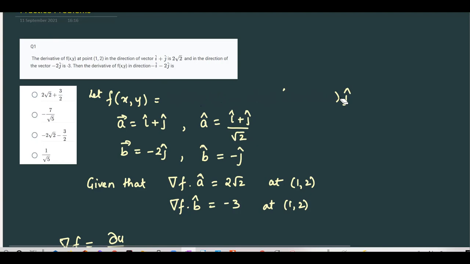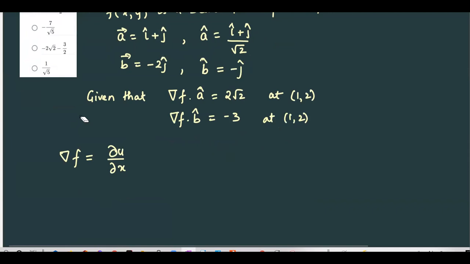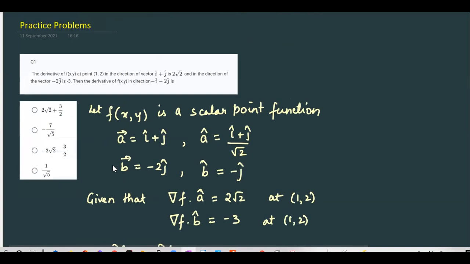Remember, f is a scalar point function, so let us say it is just f of x comma y. It is a function of x comma y. We don't know what that function is. I wrote it as a vector. No, it's a scalar point function. So grad f is dou f by dou x I plus dou f by dou y j.